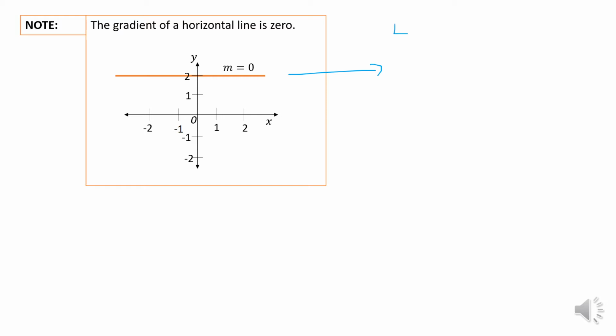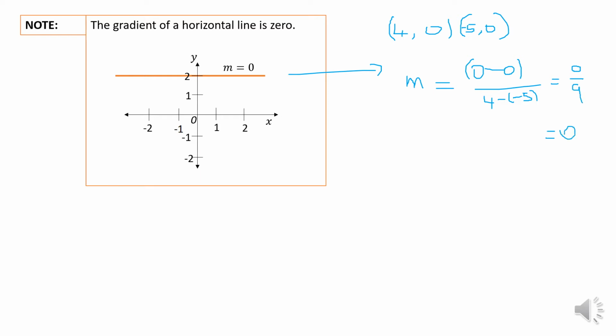So if I give you the point 4, 0, just as an example, and I give you the point negative 5, 0, and I ask you to calculate the gradient here, you would realize that on top you're going to have 0, and obviously whatever you have under will be a value. So when you have 0 on top and whatever value here, the gradient is equal to 0.